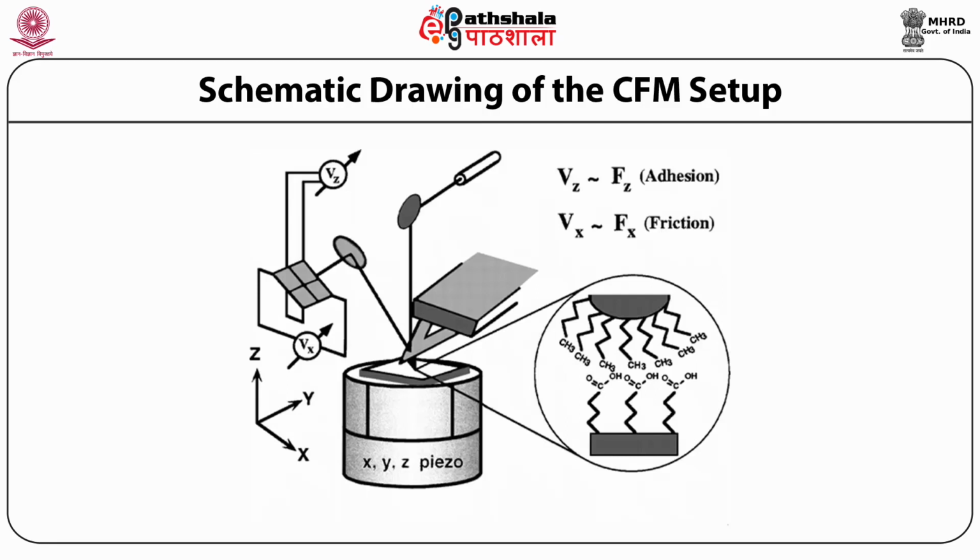In this quadrant photodiode, as shown in figure 1, force values are determined from the normal displacement Δz or tilt angle Δθ of the cantilever from its resting position.